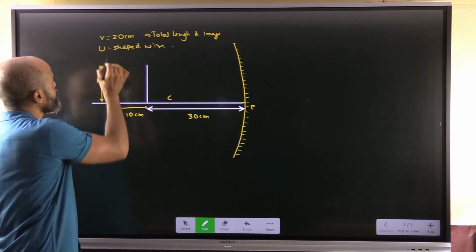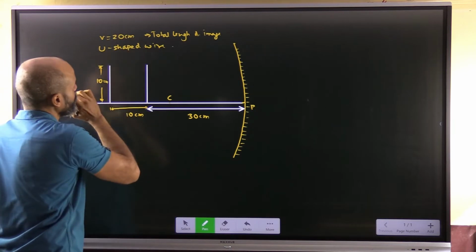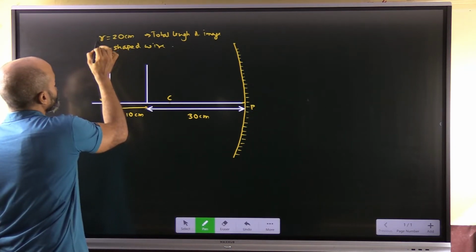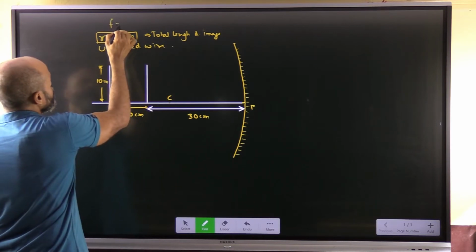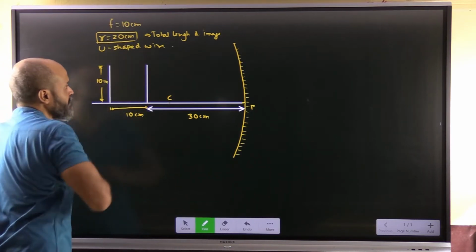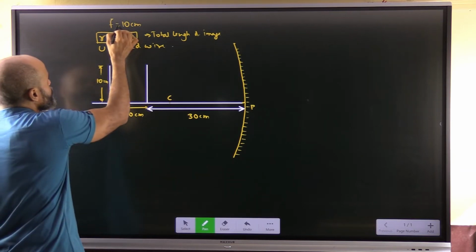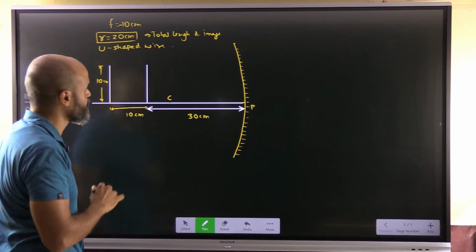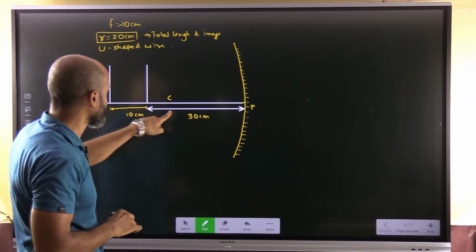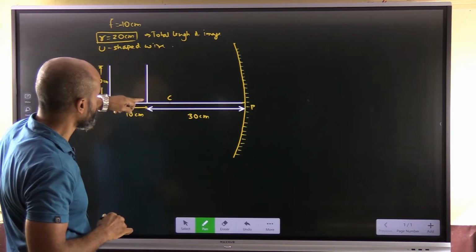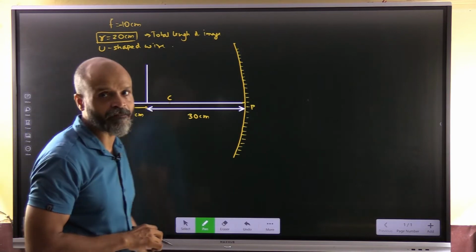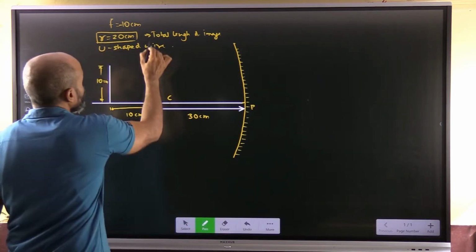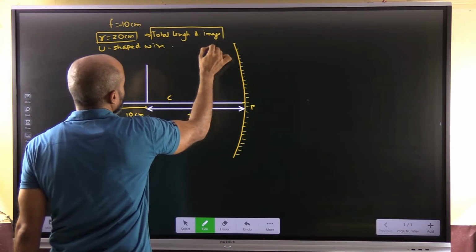This concave mirror has a radius of curvature of 20 centimeter. So obviously the focal length is going to be 10 centimeter. To be very precise, it will be minus 10 centimeter. And the first face of the wire is at a distance of 30 centimeter. So we have to find out the total length of the image of the wire.